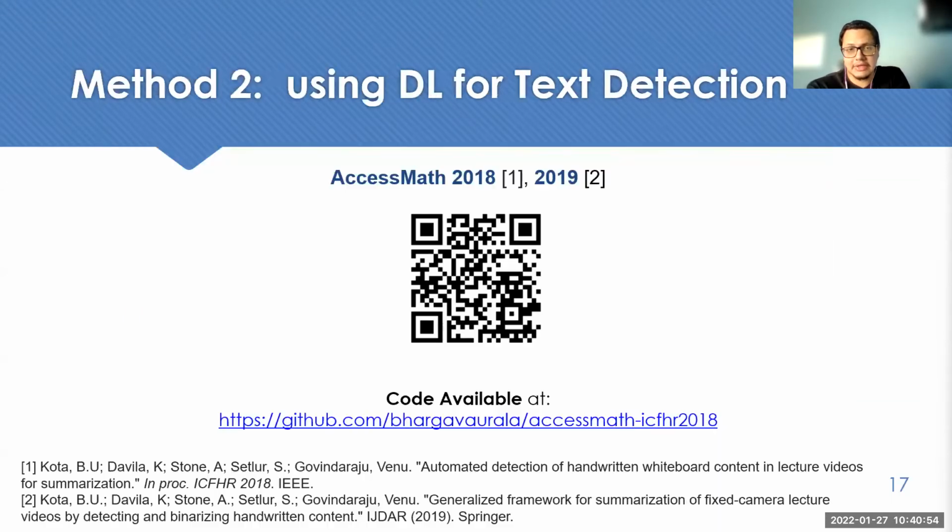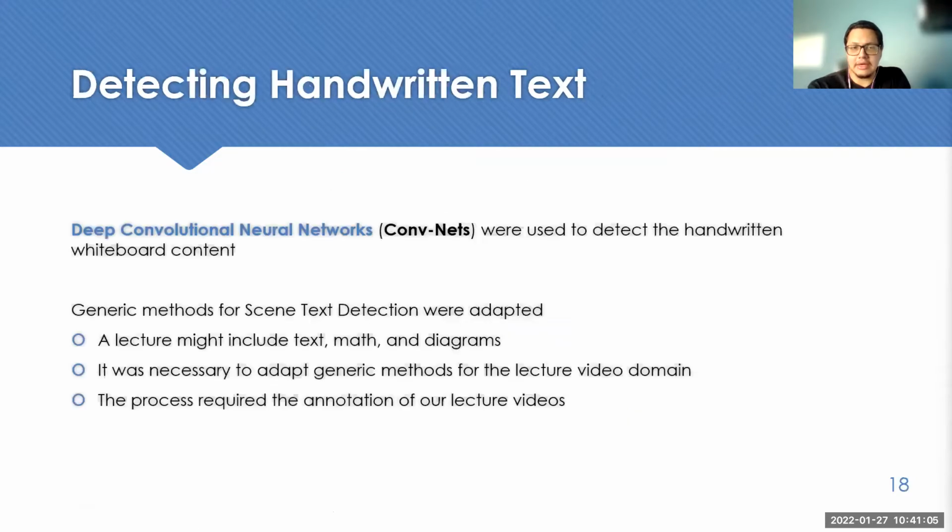So the next thing we tried was using deep learning, in this case text detectors, to try to extract the handwritten content from these videos. We tried deep convolutional neural nets that were originally designed for text detection to get this handwritten content.